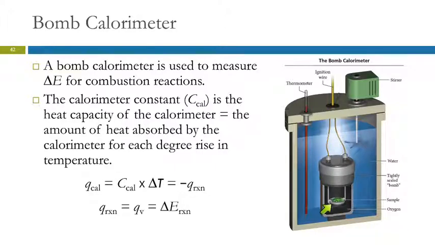And this is airtight, so the volume can't change, and it's submerged in water. And the water will absorb the heat that's given off by the reaction. We've got a thermometer in here so we can measure the temperature, and then we've got a means of stirring this so that we can have that heat get dispersed and have the water be a uniform temperature. The outside of this is well insulated so that we don't lose heat to the even larger surroundings.